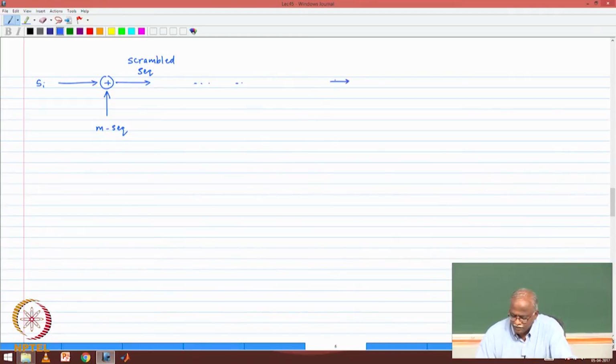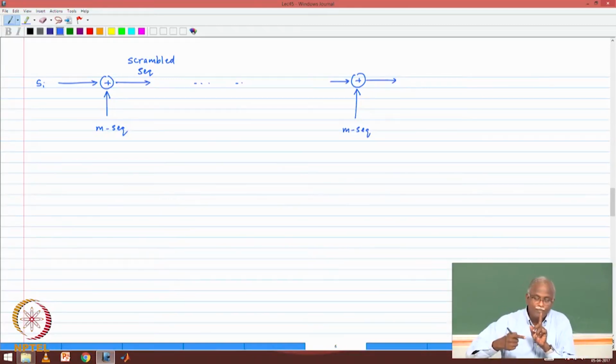At the receiver, let us say that you have received the scrambled sequence, you have to be able to unscramble it. And the unscrambling process is basically a modulo 2 addition with the M sequence itself. So the receiver must also be able to generate the same M sequence, and M sequences can be very long. Yesterday we saw that the long code used in CDMA 2000 is 2 power 42.